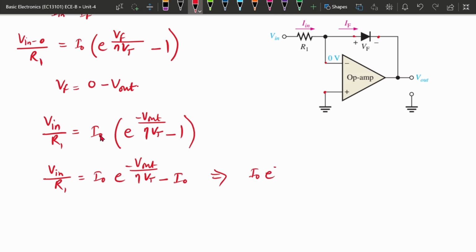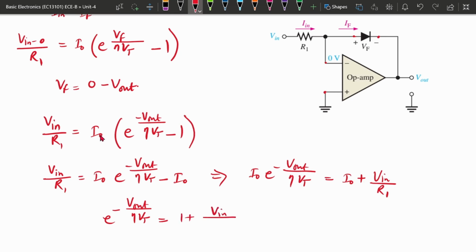I naught e to the power minus V out divided by eta Vt is equal to I naught plus V in divided by R1. Or we can further write e to the power minus V out divided by eta Vt is equal to 1 plus V input divided by I naught R1.